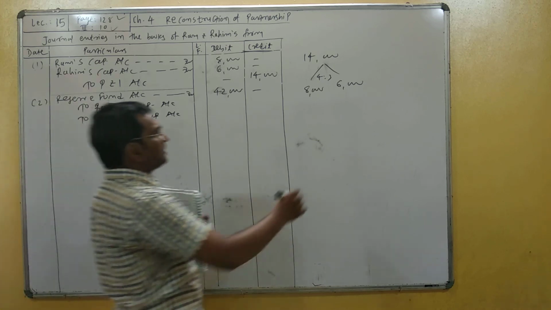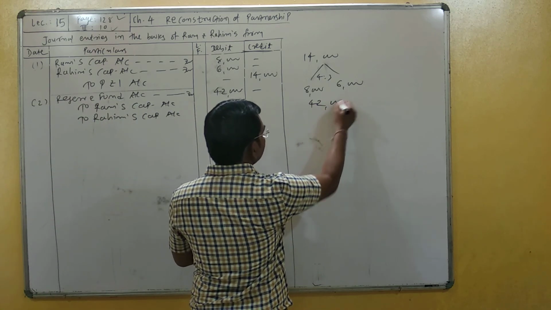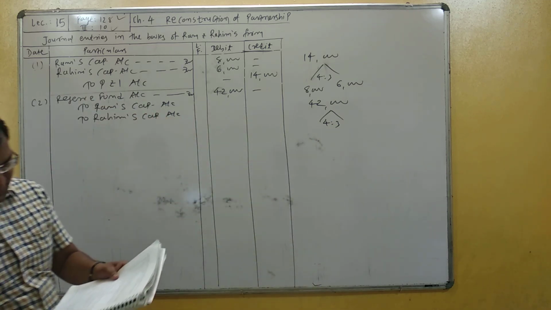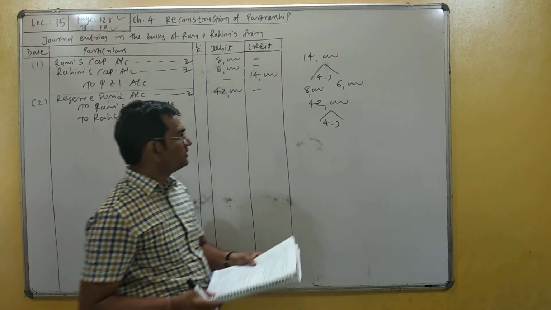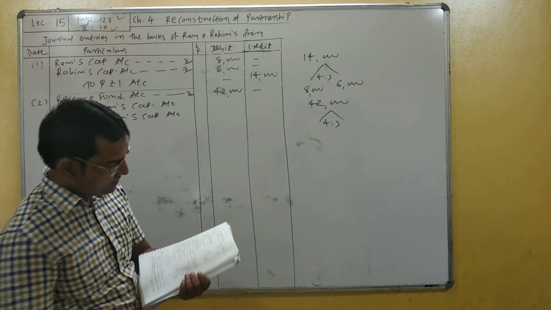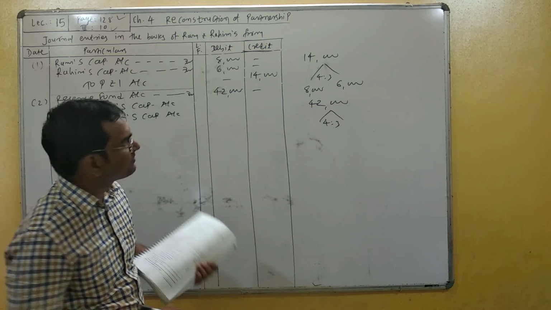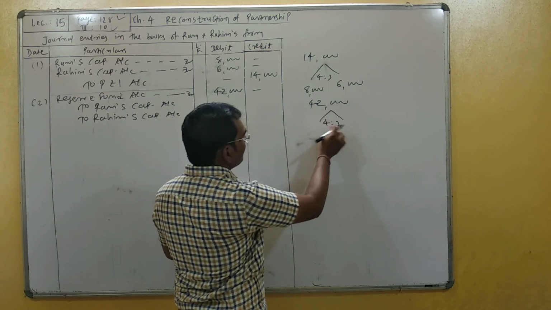42,000 is divided between partners in their old profit sharing ratio 4:3. So 42,000 into 4/7 and 3/7.